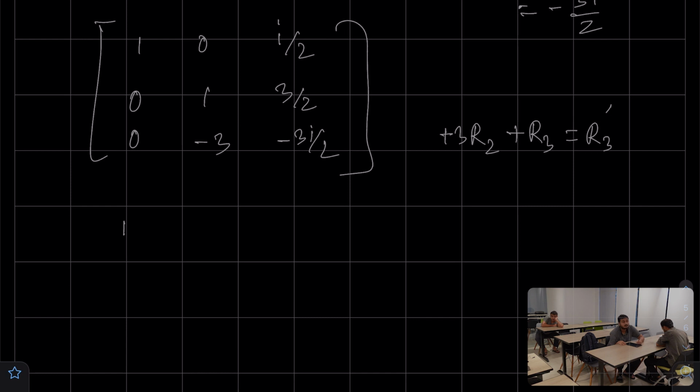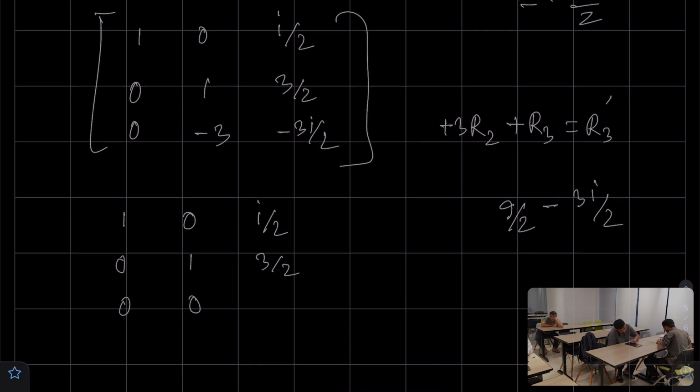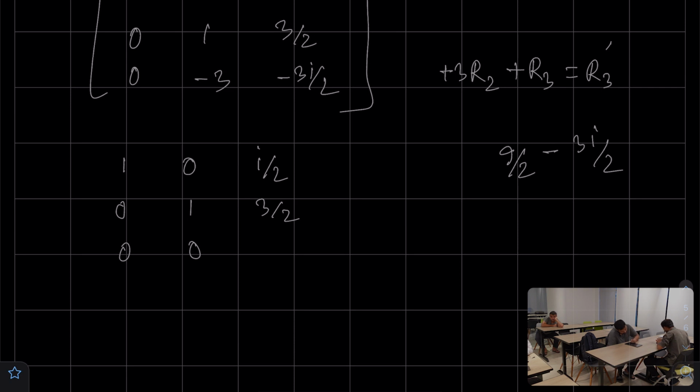And this is simply 1, 0, I over 2, 0, 1, 3 over 2, 0, 0, multiplying this, 9 over 2 minus 3I over 2. Nine minus 3I over 2.